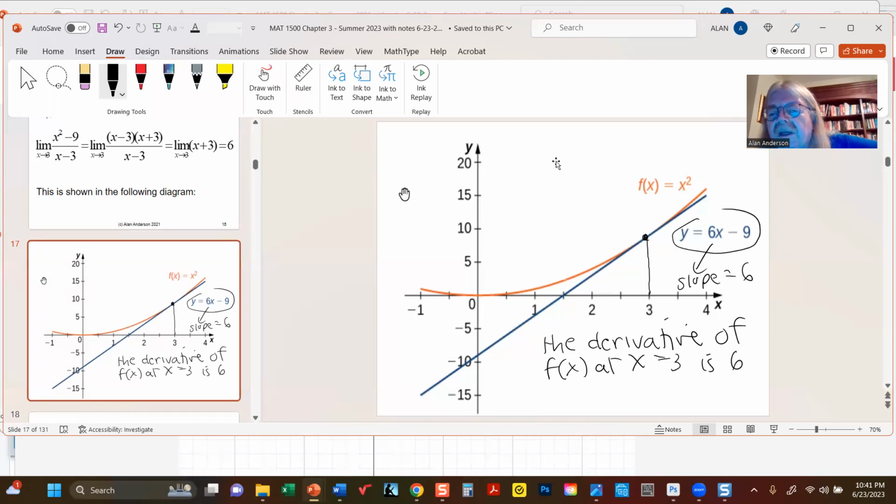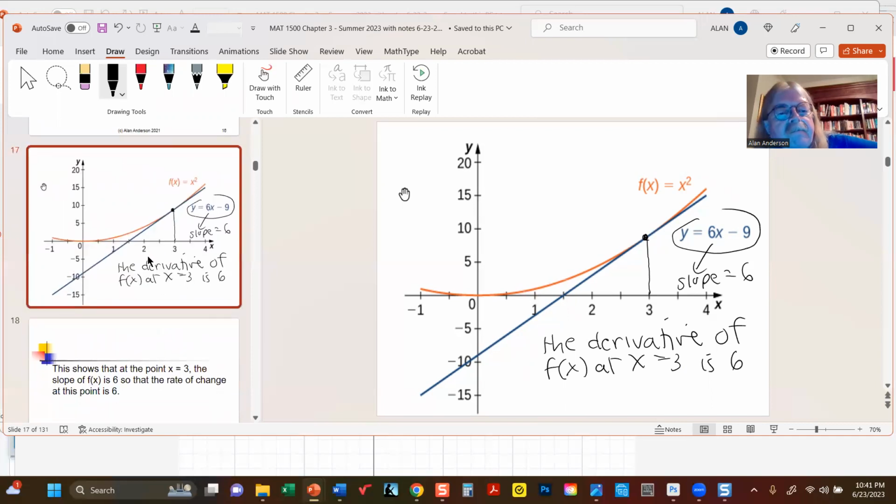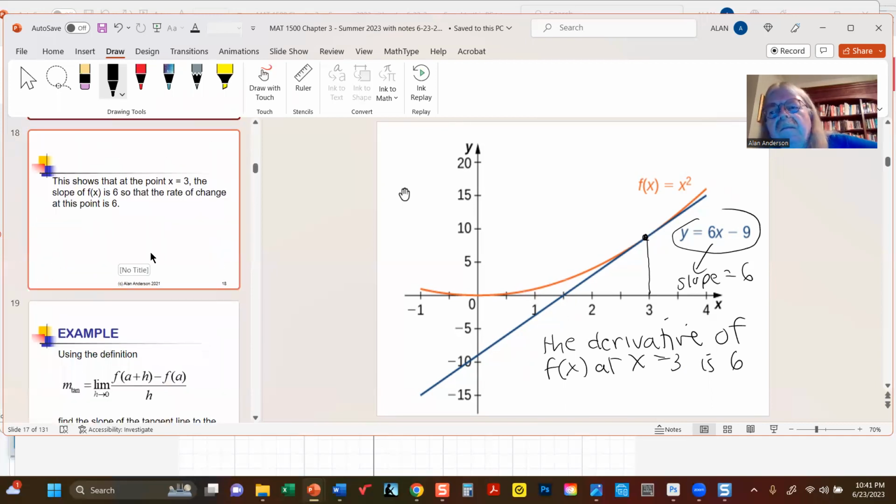Or you could think of it this way. At precisely that point, if I increase x by 1, y will increase by 6. Now, this is only true if you increase x by an infinitesimally small amount, but that's how we can interpret it.